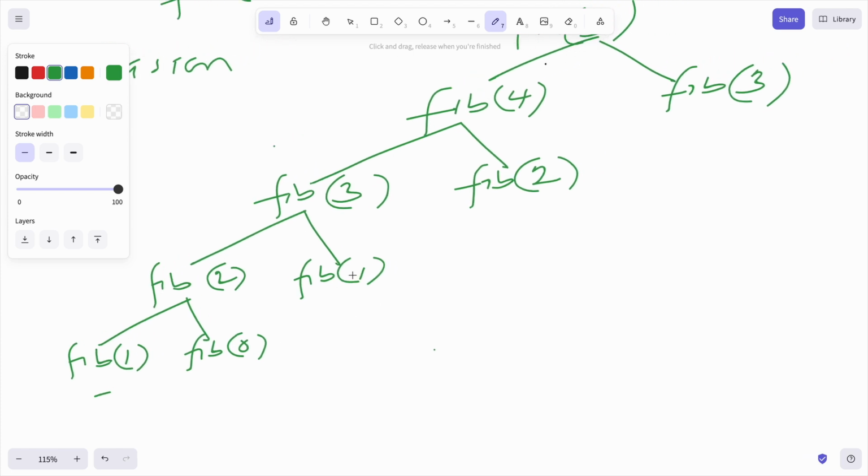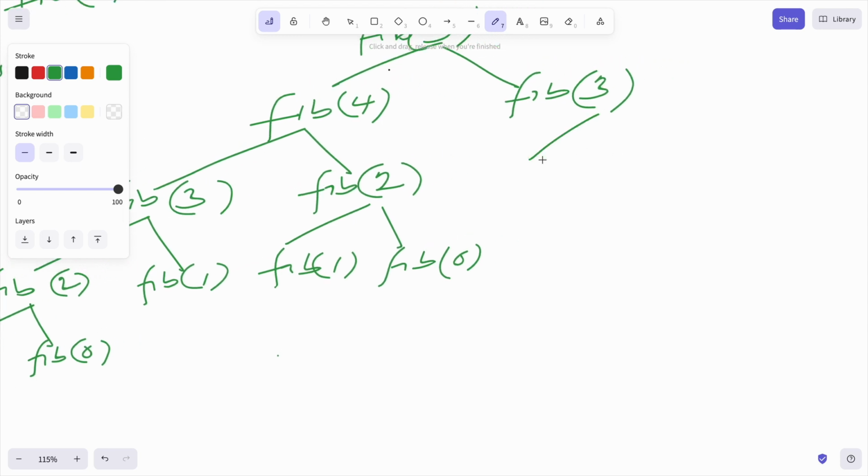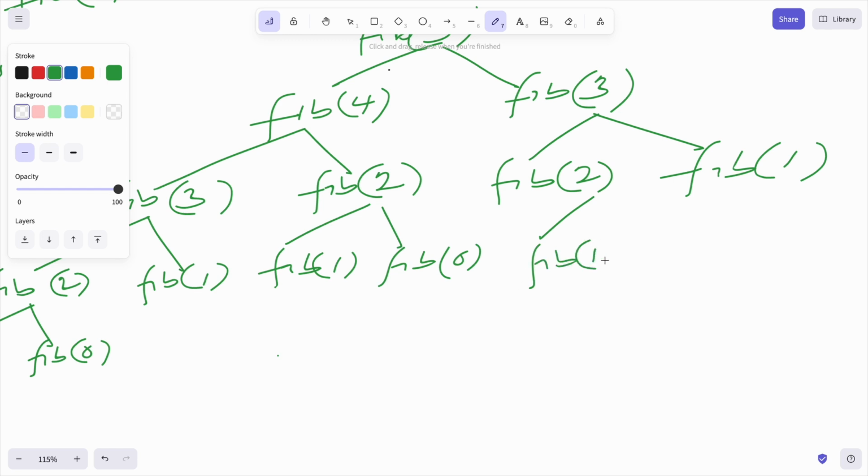Fib of 1 is 1. This fib of 2 also needs to be broken down into fib of 1 and fib of 0. At the same time, we need to break this down into fib of 2 and fib of 1, and this needs to be broken down into fib of 1 and fib of 0.